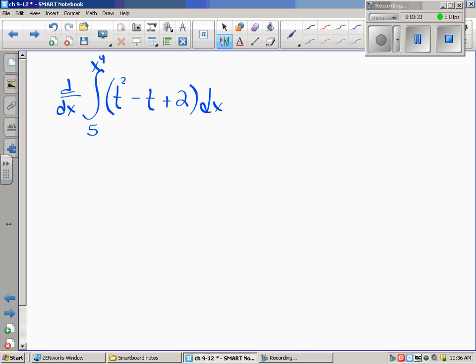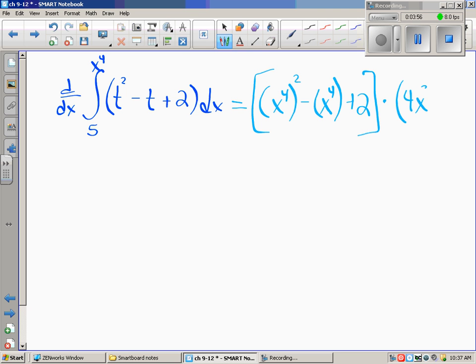And so again, remember, you are going to start by recognizing that the derivative of the integral, in essence, what's going to happen is we'll have x to the 4th every place that you see the t. But all of this will be multiplied times 4x cubed.